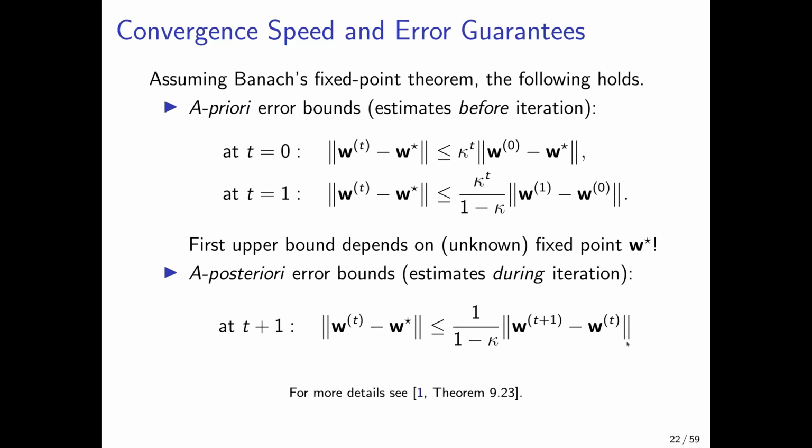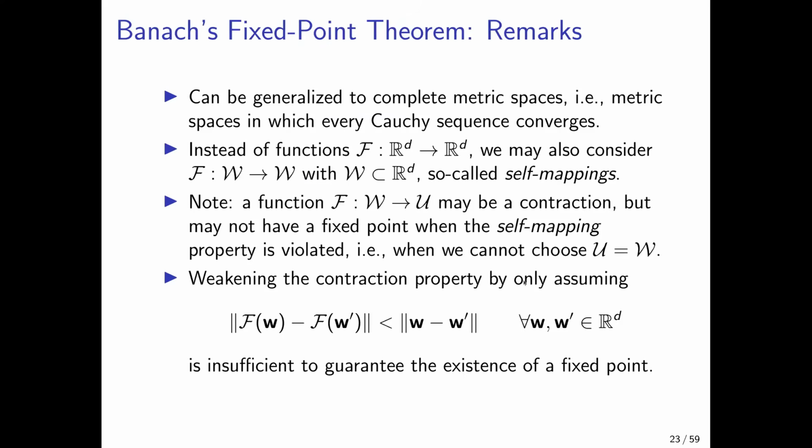And then they provide us this upper bound for the error at time t, which again depends on kappa. And so this is a posteriori because, first of all, we have to run the iteration until t plus 1, and only then we know the error that we are making currently.